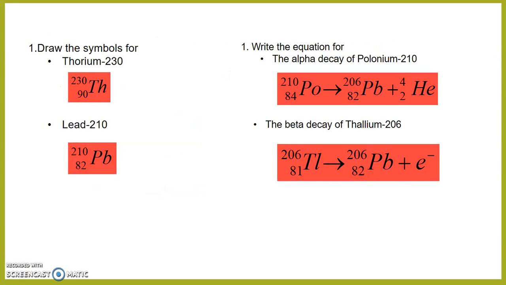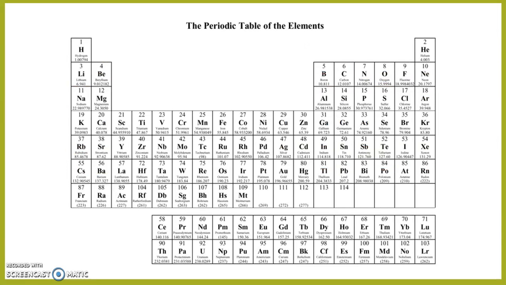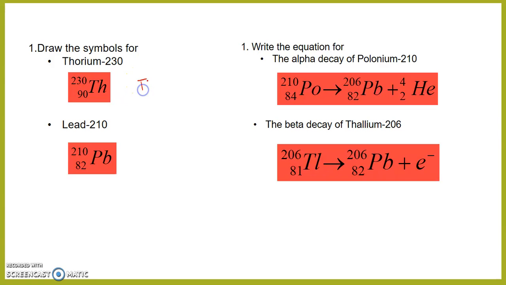The second problem says draw the symbols for thorium-230. What we need to do is first look at the periodic table, and we're looking for Th. It's down here. We see that the atomic number is 90 and the mass is 232.0381. So we have 90, which is the atomic number, and the mass here is given as 230.